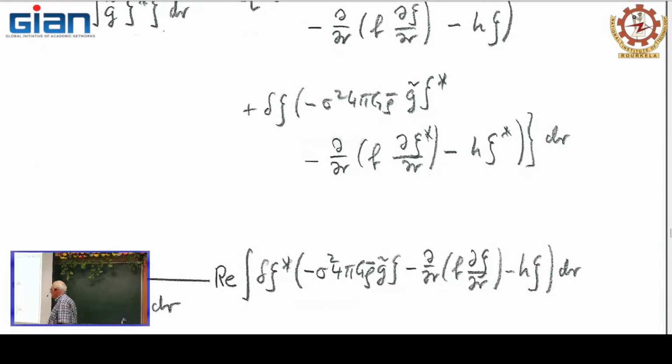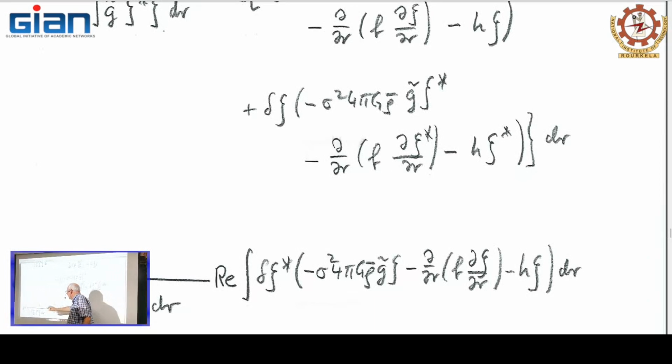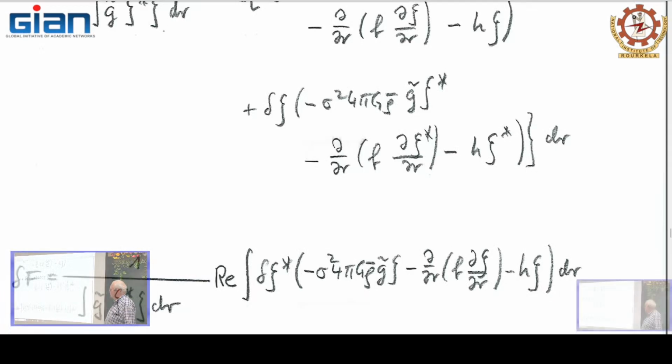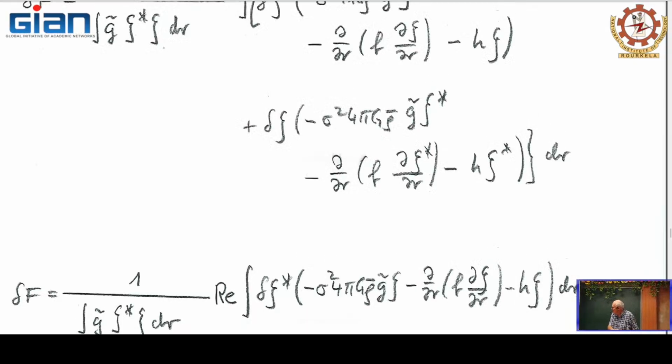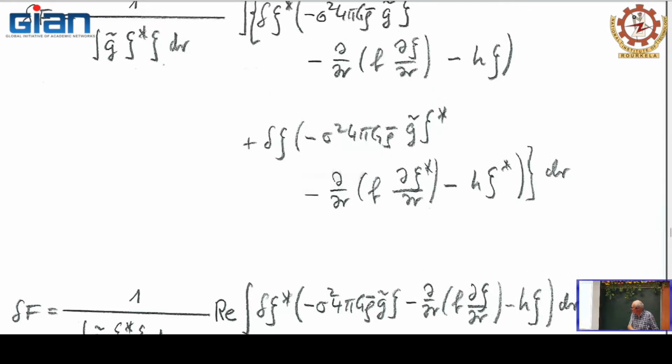The factor 2 was missing, but it doesn't matter. So this should be equal to 2 times the real part of delta zeta star times the bracketed terms given here.